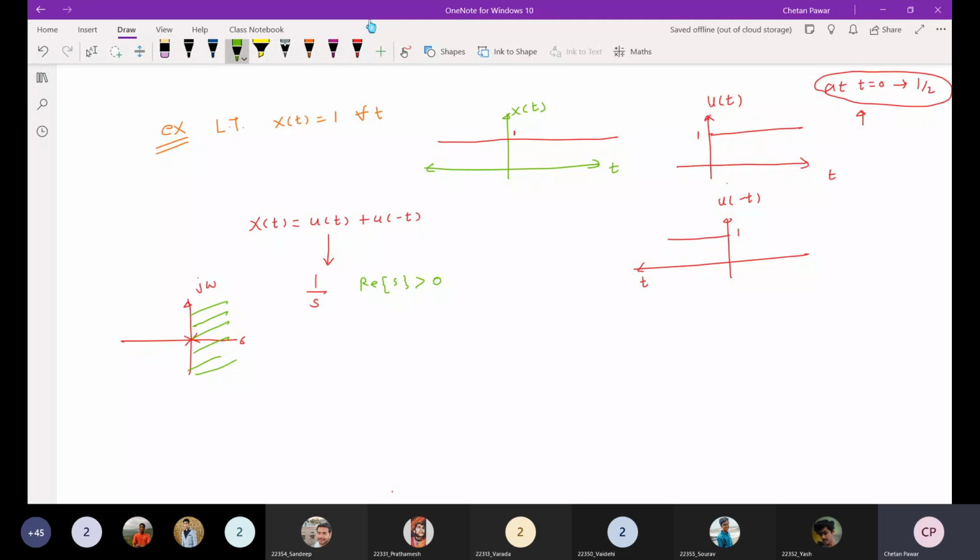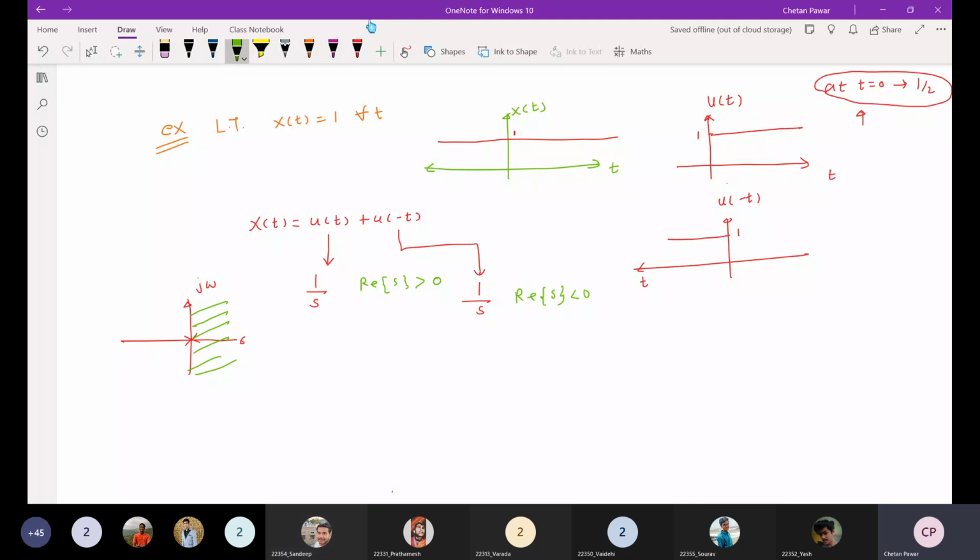And what about u of minus t? That will also be 1 by s. But what will be the region of convergence here? Less than 0, real part of s less than 0.